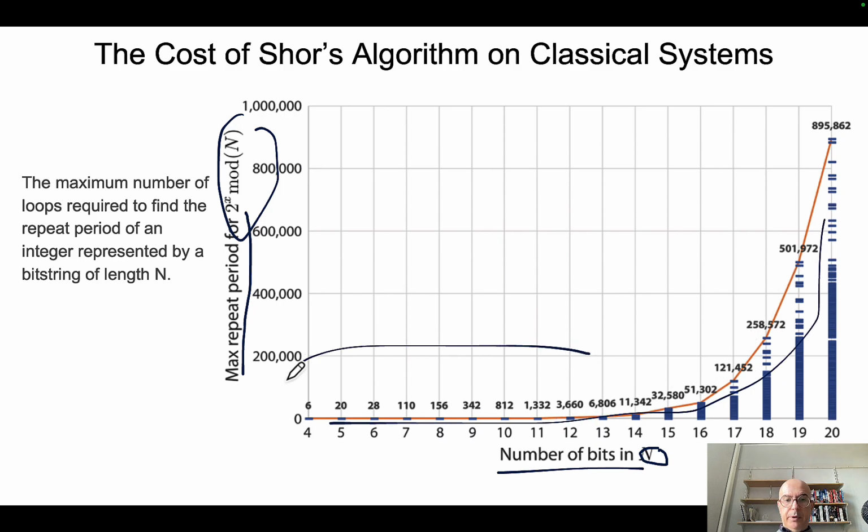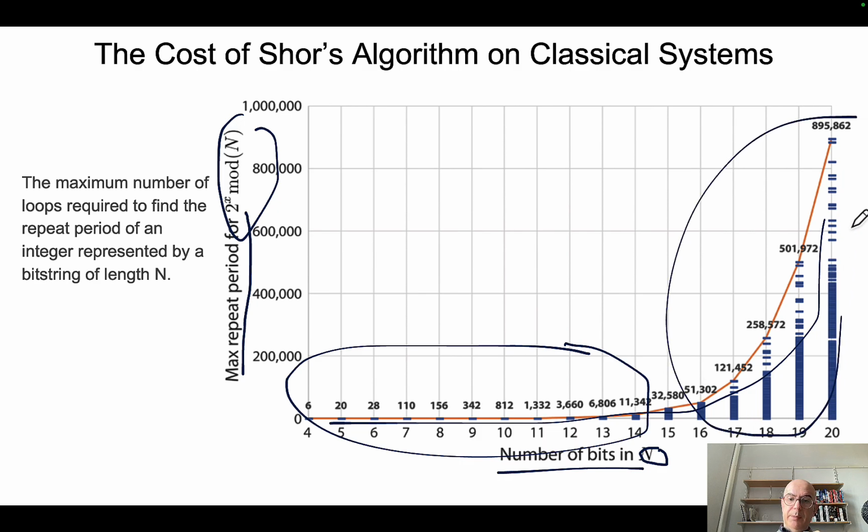While the cost is acceptable for a small number n, it is going to increase exponentially with the number of bits in n. So the complexity of the classical case, where we calculate the repeat period classically, increases exponentially with the size of n. And this is the last slide of this lecture.